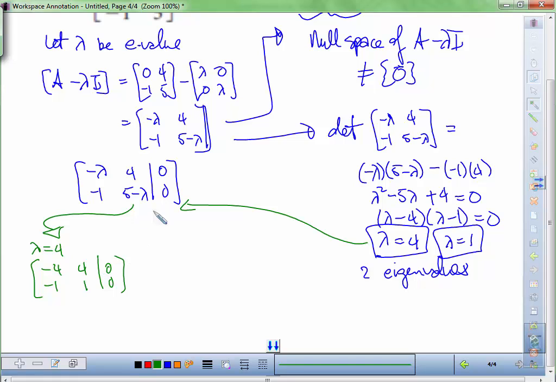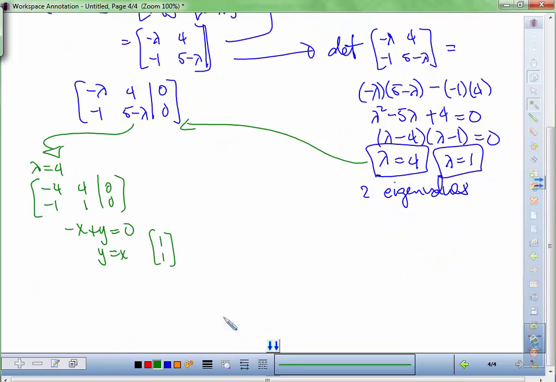And so clearly you can see the relationship here, right? You get minus x plus y is equal to 0. So y is equal to x. So that gives us an eigenvector of 1, 1. If you let y equal t, then x is going to equal t, and then 1, 1.